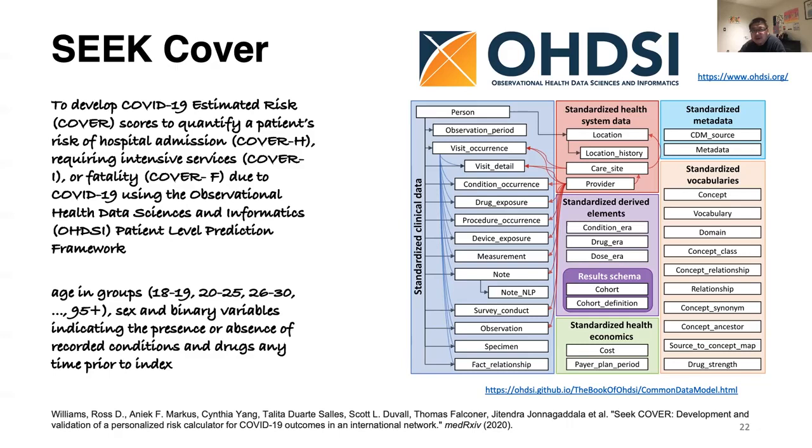Actually, the SeekCover model was developed using the Optum data, and they identified more than 7 million valid visits with influenza or flu-like symptoms, of which over 4 million were patients aged 18 or older, and around 3 million had more than 1 year of observation prior to the visit, and over 2 million of these had no prior influenza symptoms or pneumonia in the 6 days prior to the index date.